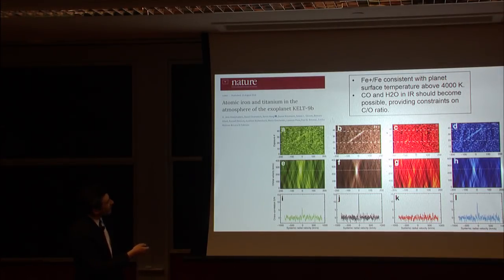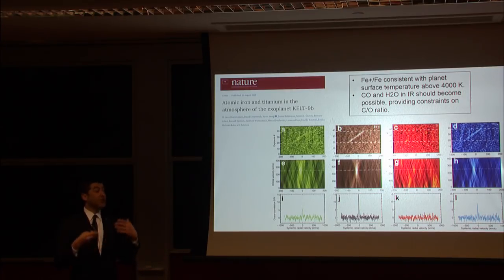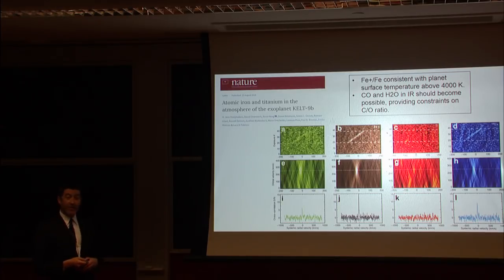And then there was another Nature paper on KELT-9, doing the same thing, but now specifically with iron and titanium. From the ionization fraction in iron, you can really pin down the temperature of the planet atmosphere. Sure enough, it's consistent with a 4,000 Kelvin planet atmosphere.